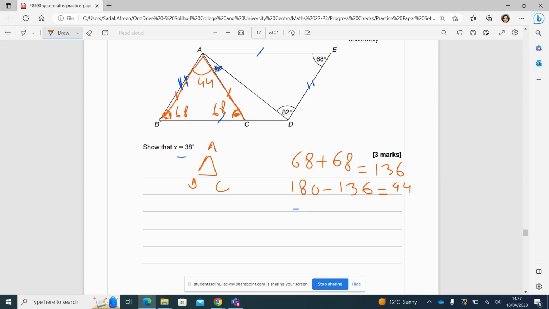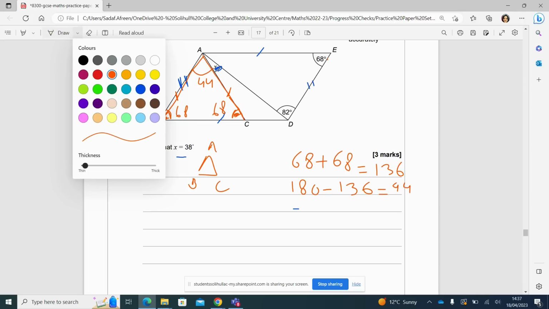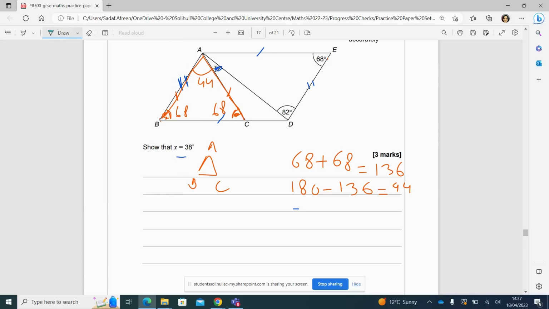Okay, now the next rule which you need to remember for the parallelogram is that the parallelogram has a set of alternate angles as well. So that means that this angle here, if I make a Z angle or an alternate angle, this angle is 82 and the sum of these two angles must be 82 as well, because these are making a set of alternate angles.